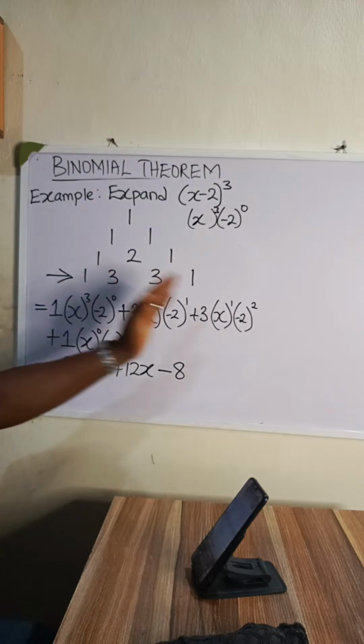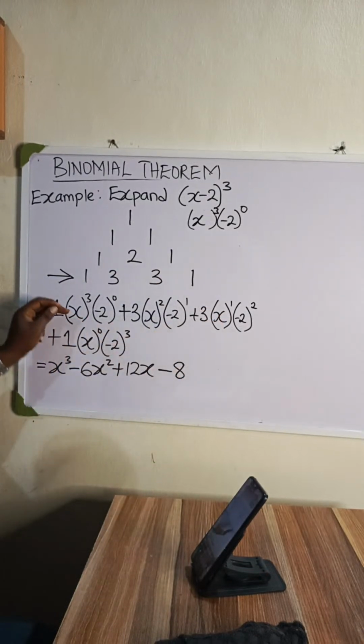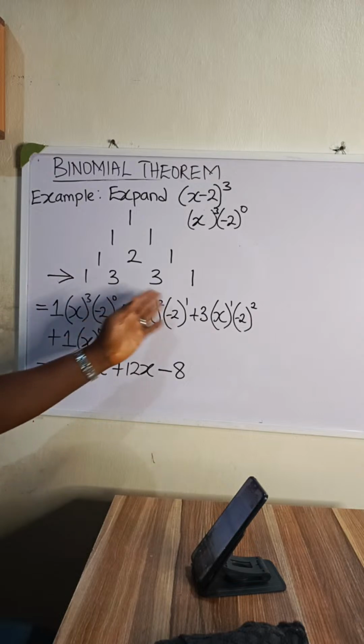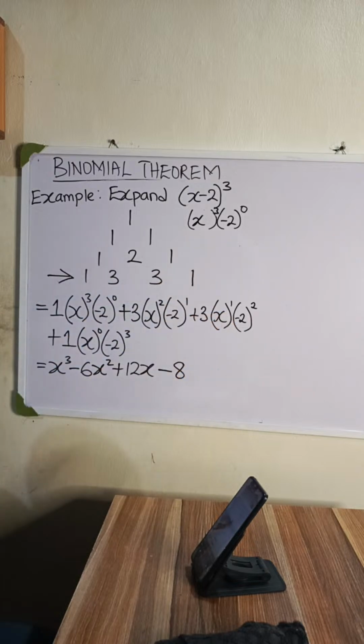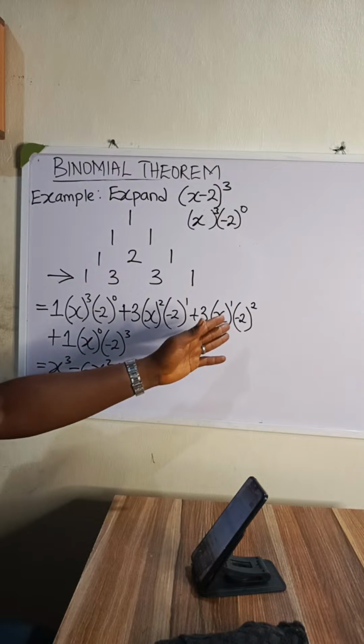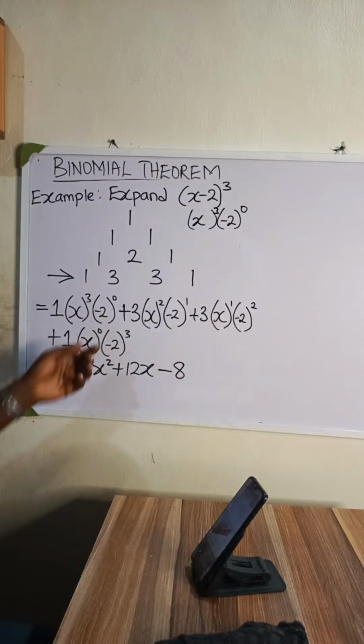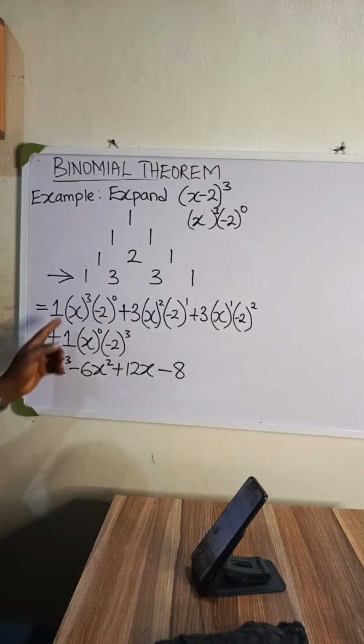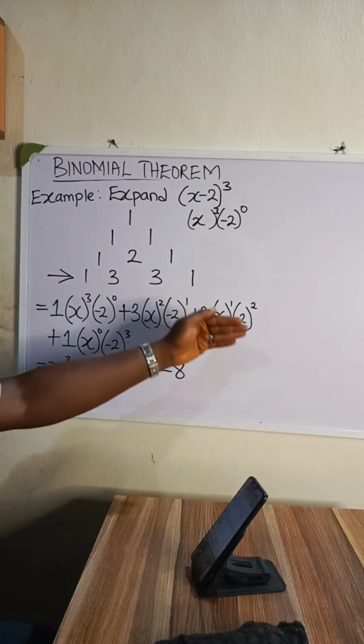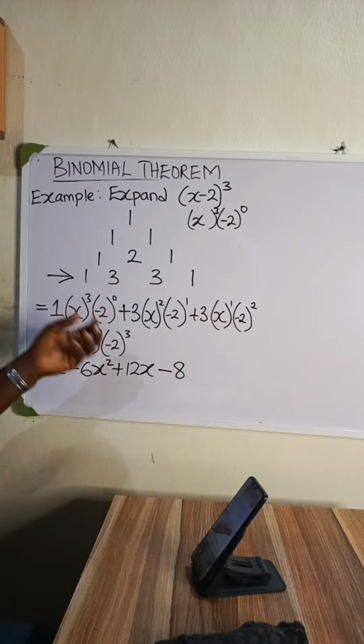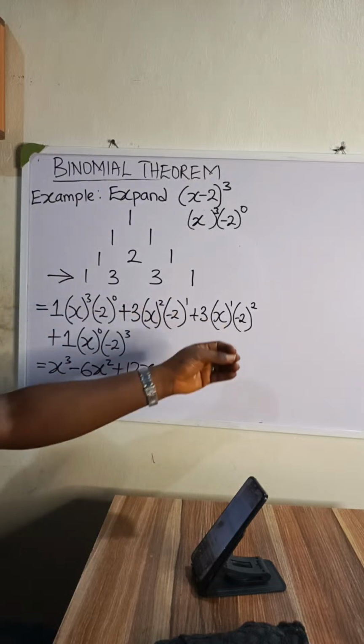But as we move towards the right, the first term will be losing one exponent for each subsequent term, while the second one will be gaining an exponent. So x is losing an exponent as we go towards the right, while minus 2 is gaining an exponent as we go towards the right.